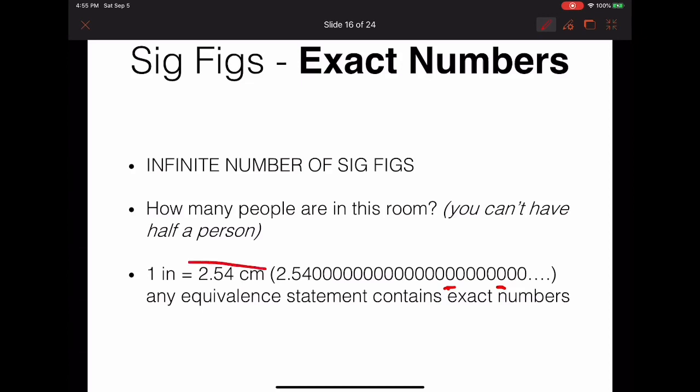You do need to know this, by the way. This comes in handy. We use this quite often when we're going back and forth between different units. 1 inch equals exactly 2.54 centimeters. 2.54 followed by an infinite number of zeros. Any equivalent statement, and we will look at those in the coming sections, are considered exact numbers. So they have an infinite number of sig figs.